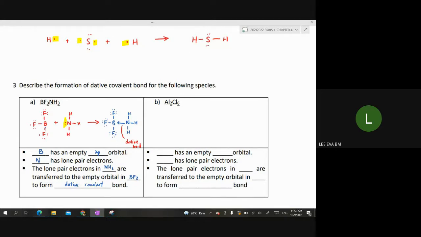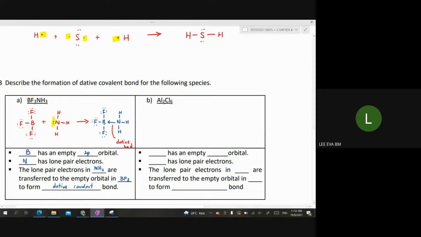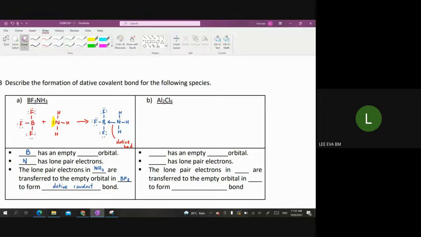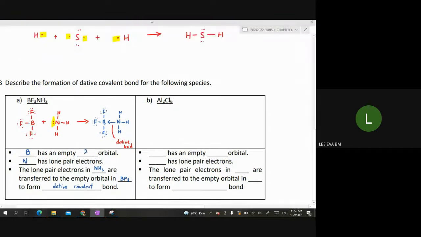Okay. Yang ni sebab madam nak tunjuk orbital dia kat mana. Empty orbital dia mana satu. Kalau H plus kita tahu empty orbital dia 1s. Tapi untuk boron nak tengok empty orbital kat mana, terpaksalah madam rujuk sikit dekat electronic configuration.